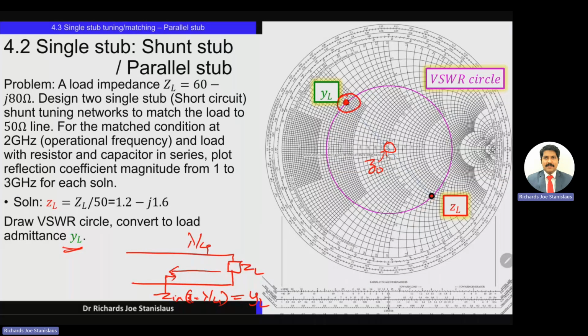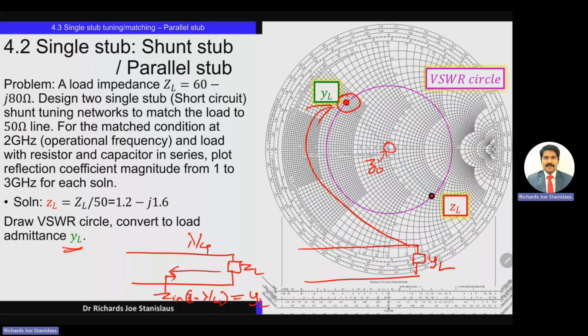Now, we are going to assume that this point represents the load, because we are looking at the admittance. When you transform it into admittance, your starting point is available over here, right? So this point would be the starting point corresponding to the load location.